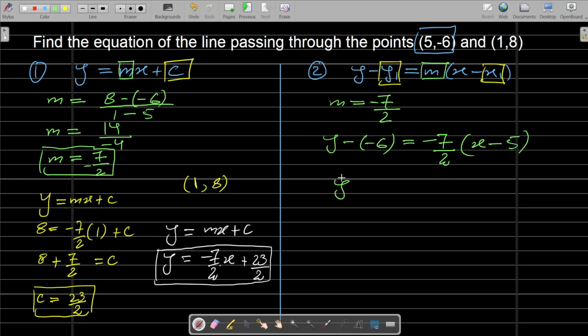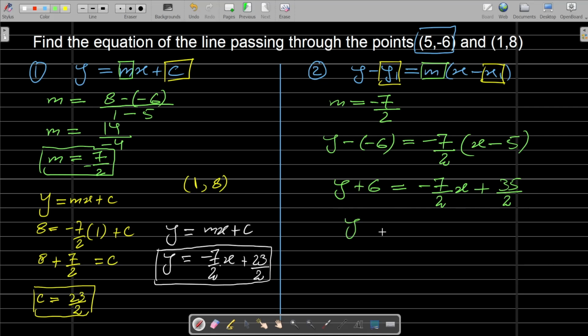Now let's do little simplification. So y plus 6 will be equal to negative 7 by 2 x plus negative 7 by 2 times negative 5, which will be positive 35 by 2. Now just take this thing on the right hand side.